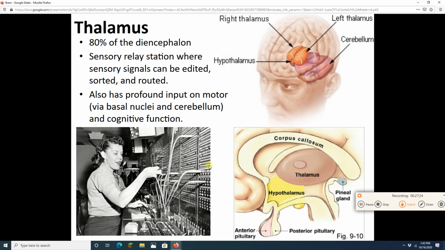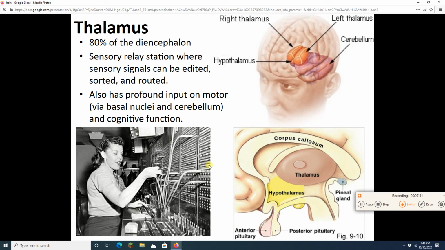So your diencephalon is going to do a lot of pruning and editing. It's going to say, oh, this one's not important. This one's been going on for a long time. We don't need to worry about this one. We're used to that one right there. It does let new and intense stimuli through, and it makes sure that signals go to the right place as well. So it is a sensory relay station.